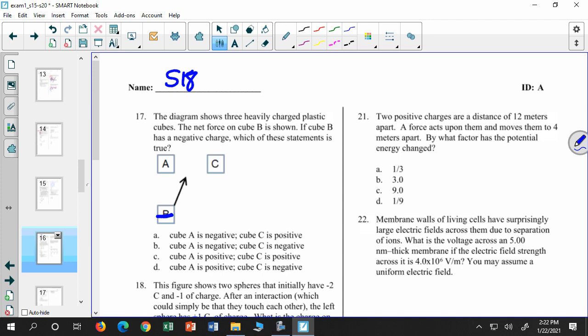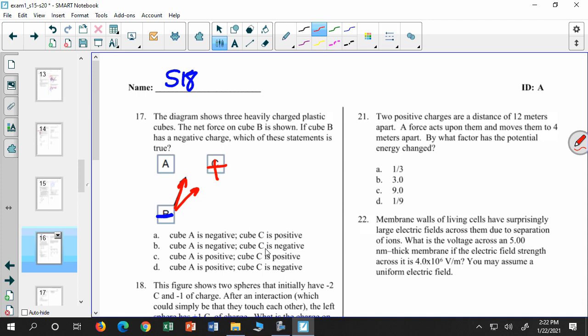Almost always have a question like this. Cube C, for example, can have a force that is either in this direction or in this direction. However, to get a vector that's here, I need one of its components to be right here, so this vector I can get rid of. That means cube C has to be positive.